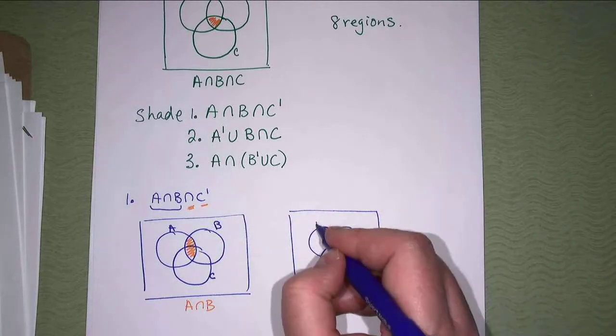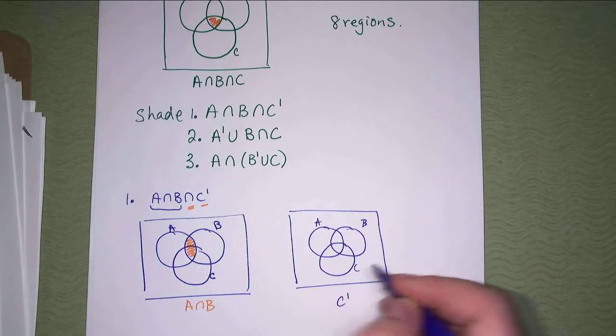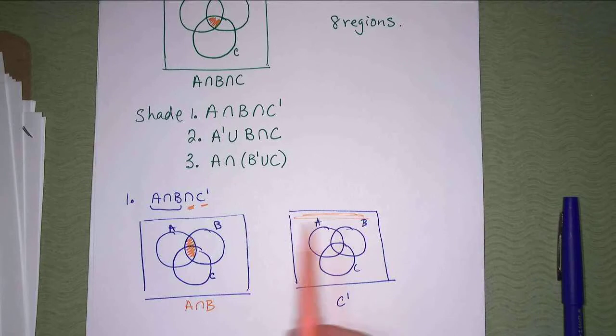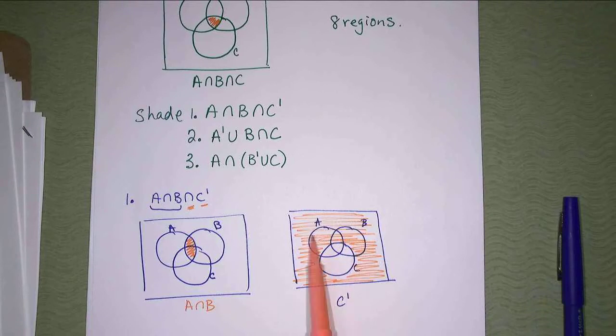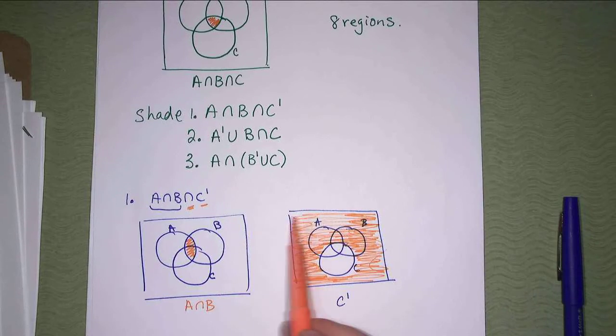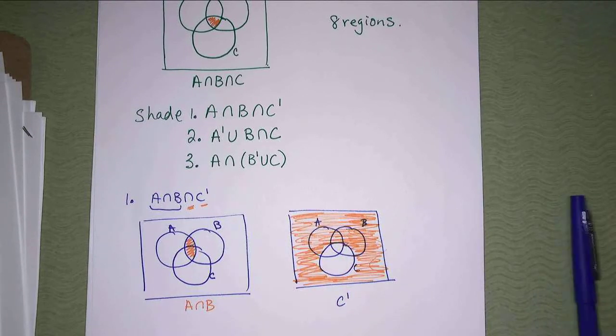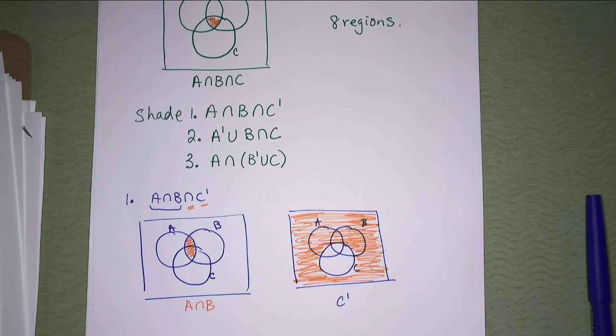So C prime is everything outside of C. So that would include the A, because where A and B overlap, it includes the part where C is. Right, because if you were, say these were 3 things. Do you own a cat, dog, or turtle? And you own both a cat and dog? Did it matter that you owned a turtle? Or would you tell me you own a cat and dog?